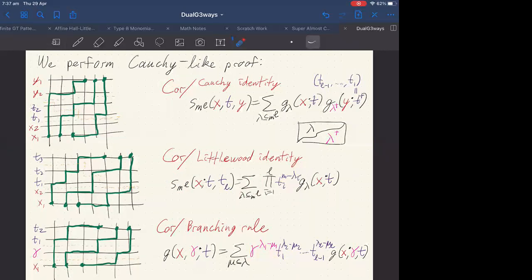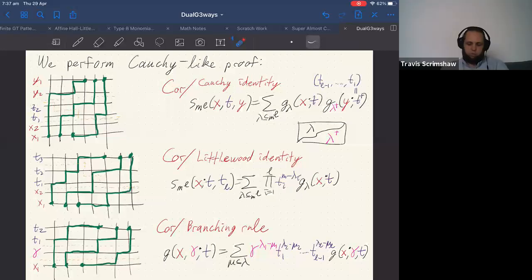And then this also allows us to define a branching rule where we take, say, the last variable in the x's, and then we want to bring it around into the t's. And we just take that normal cutting line, and then we drop it one step below, and we see what kind of differences can come from this single line here.